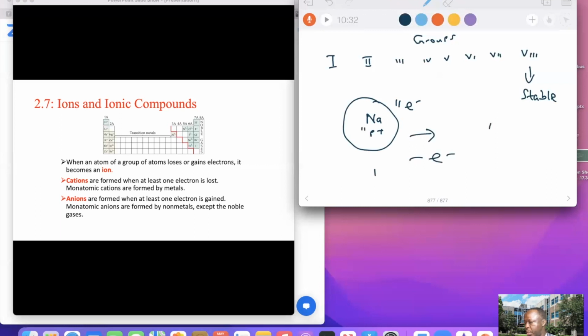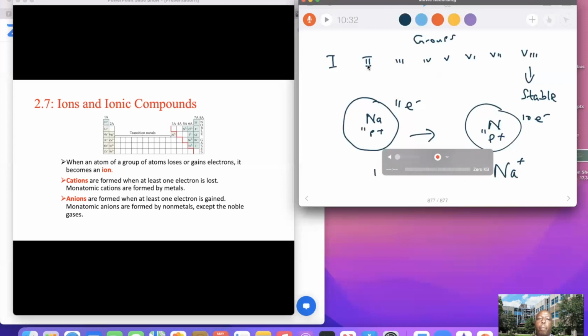This will mean sodium will have 11 protons and 10 electrons. You'll notice that there is an extra proton in the nucleus which is not neutralized, not canceled by an electron. Therefore, you will see this written as Na positive 1.